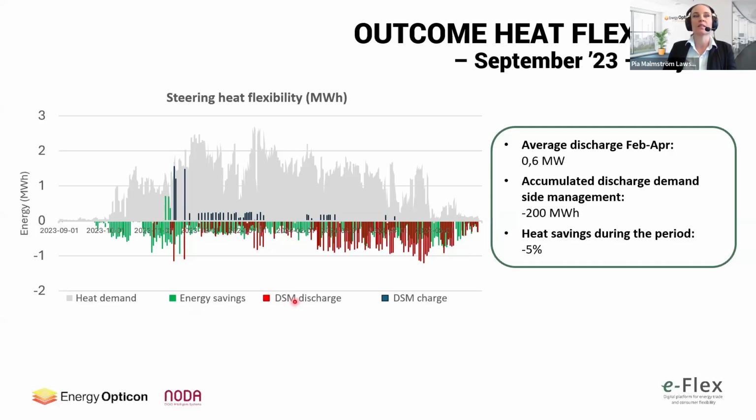The red parts are the discharge, demand-side management discharge, and the dark blue parts are the demand-side management charge. You can see here that in this area over here, there is an increase. They started using this system more aggressively, so steering much more, and they noticed the building owners didn't notice any changes in comfort from the residents.